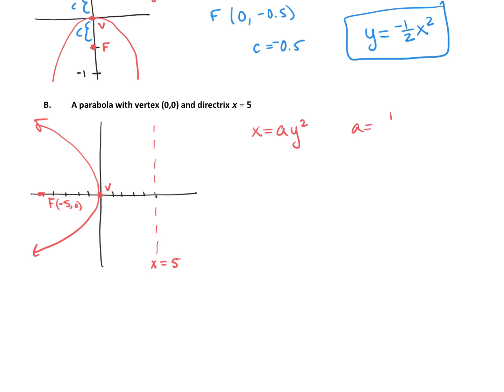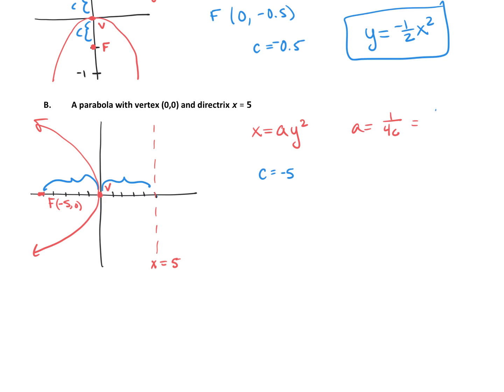Remember, a is equal to 1 over 4 times c. So let's take a look at our picture over here. Remember, the absolute value of c is the distance between the vertex and the directrix, and the vertex and the focus. Because we went from 0, 0 to the left 5 units, our c value is going to be -5.